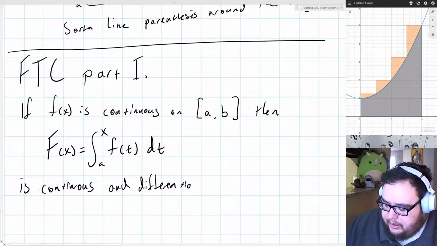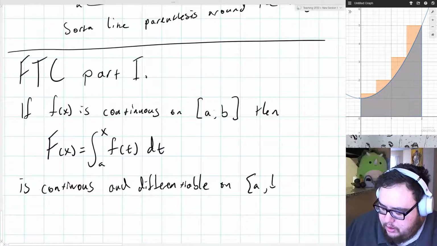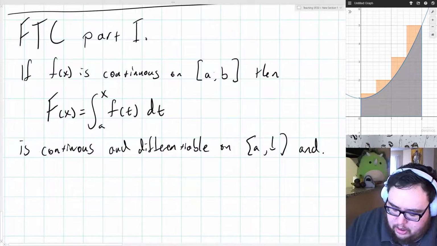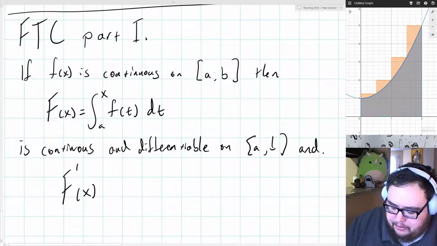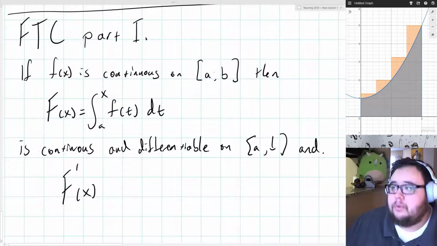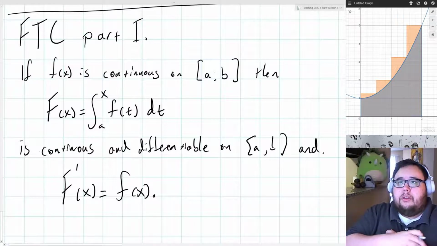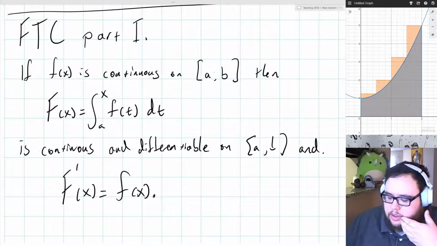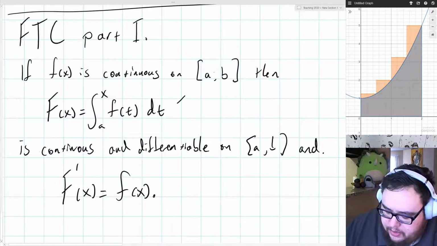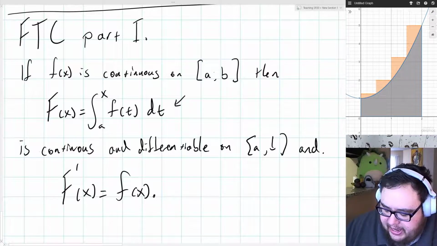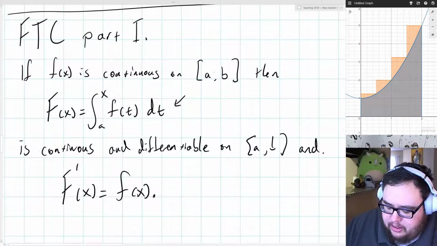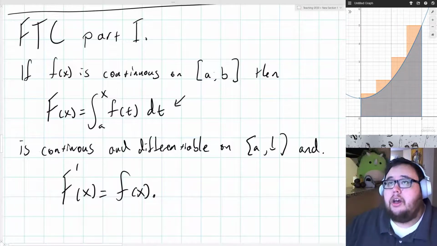on a to b, and this is the important bit, big F prime of x is equal to little f of x. In other words, the derivative of the integral from a to x of a function is just that function.